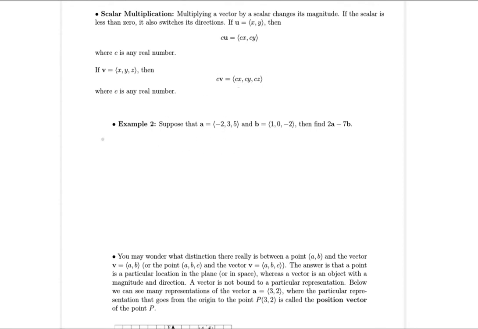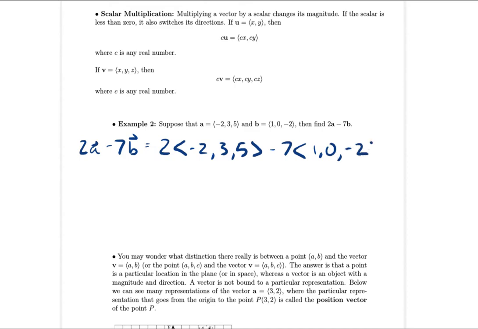Example 2 wants us to put all this together. They want us to say what is 2a minus 7b. So that's 2 times ⟨-2, 3, 5⟩ minus 7 times ⟨1, 0, -2⟩.